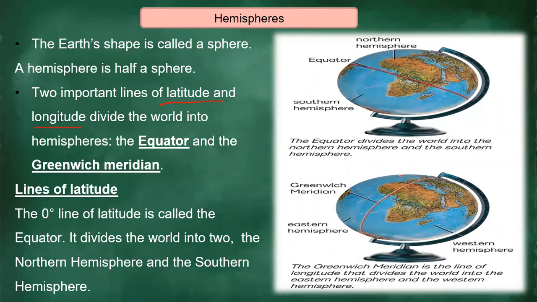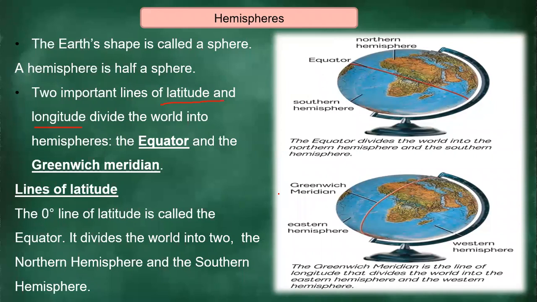And then on the second globe, you can see how the Greenwich Meridian is the line of longitude that divides the world into the eastern hemisphere and the western hemisphere. So you should know that the equator divides the world into northern and southern.